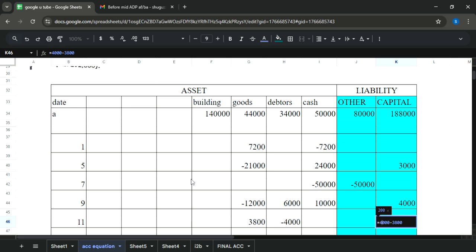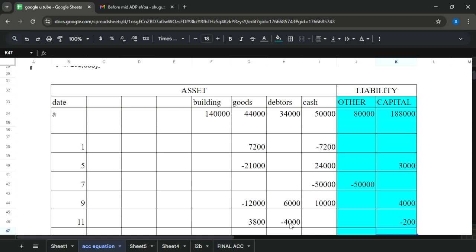As you know, you have mentioned minus sign over here and plus sign over here. So in this way you have completed your entry. Okay guys, now you can check it out. Minus sign 4,000, plus sign 3,800.